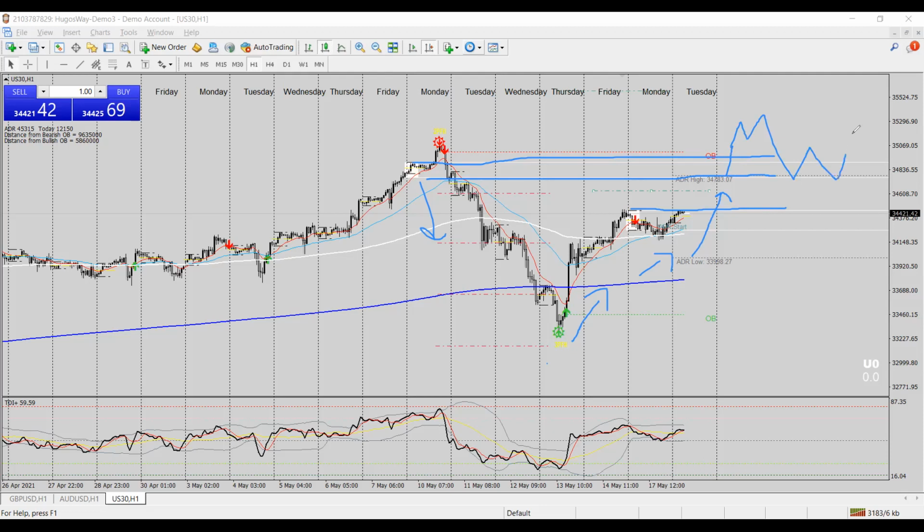Oftentimes you might get a reset where you have one ADR, right? And if you do get one ADR and then it starts to bounce off of the Asia range, now when you go down to 15-minute, you'll notice when this reset's going to happen, it starts to bounce off of that and then gives you a W, then boom, you're reset, right?